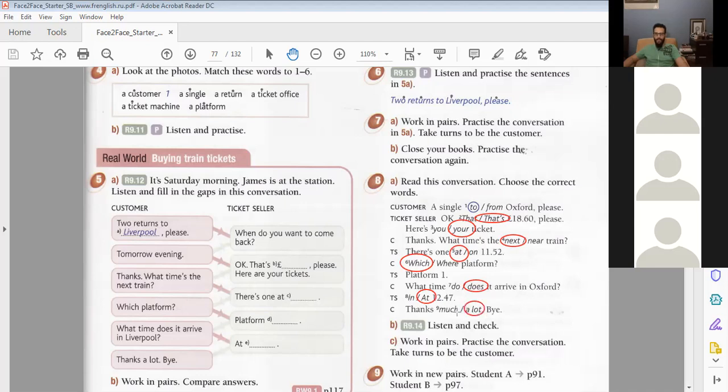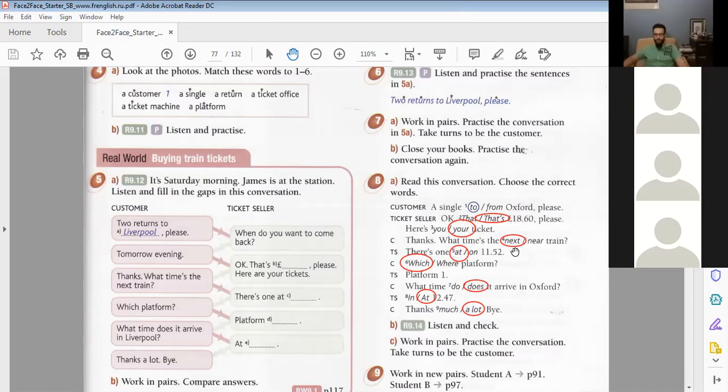Okay. Let's check your answers. A single to Oxford, please. OK. That's £18.60, please. Here's your ticket. Thanks. What time's the next train?